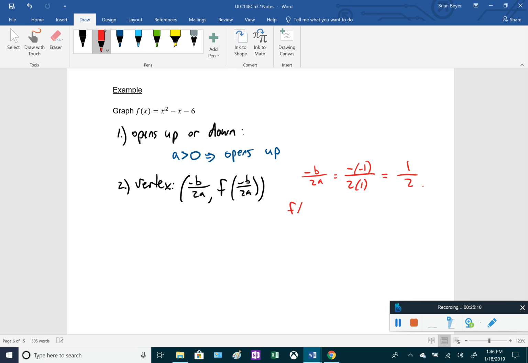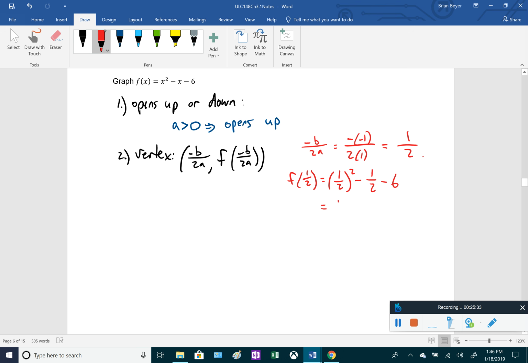To find the y coordinate, we're going to have to plug in 1/2 and evaluate it. So it's going to be 1/2 squared minus 1/2 minus 6.